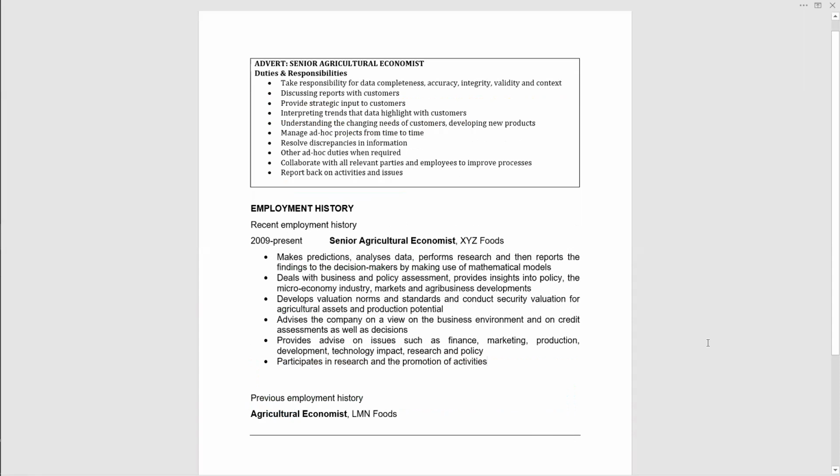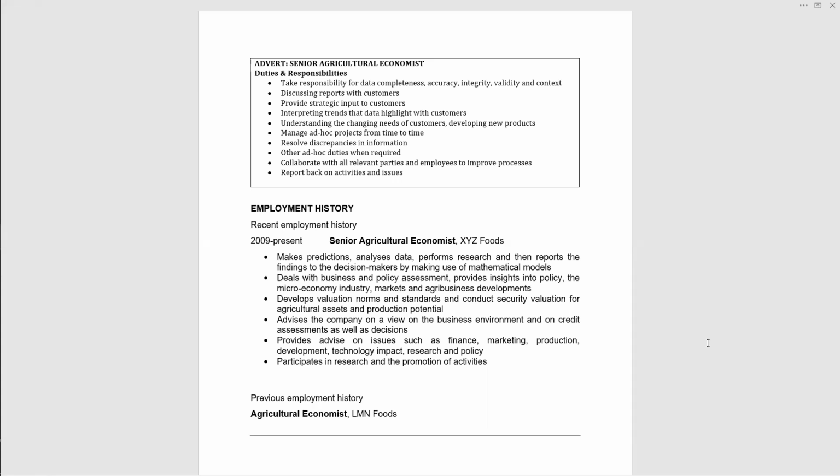Okay, guys, so we are now going to look at the employment history. First, before we begin, I just want to say that the employment history is a section where you find that the reason for your CV not to be 2 pages as required is because a lot of people include a lot of unnecessary things.